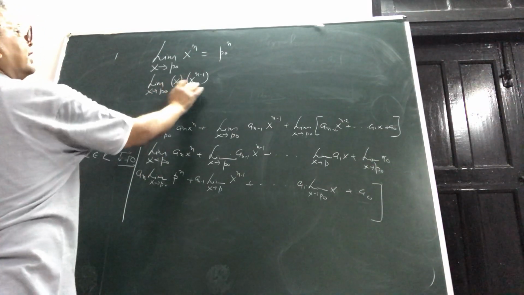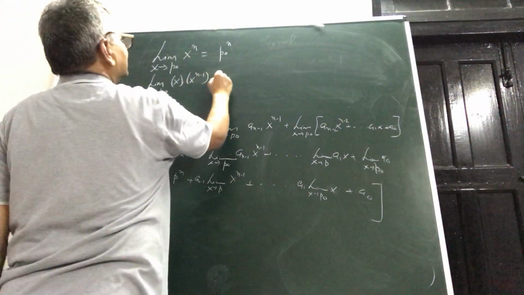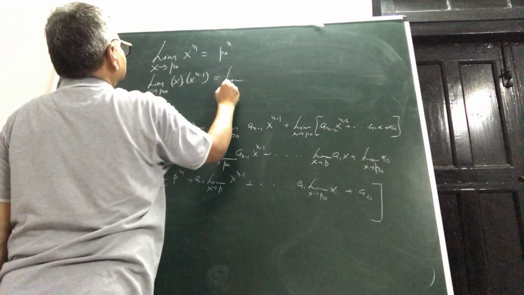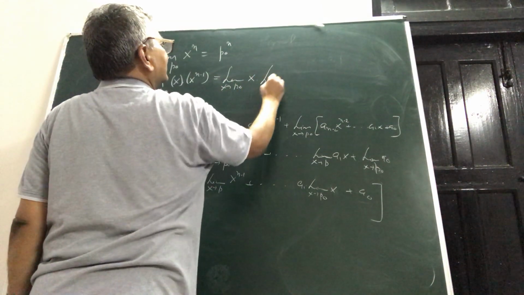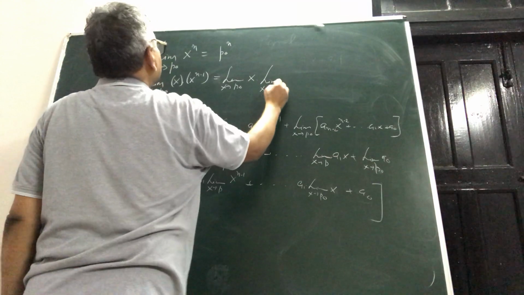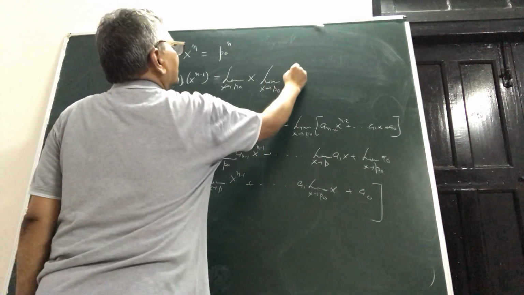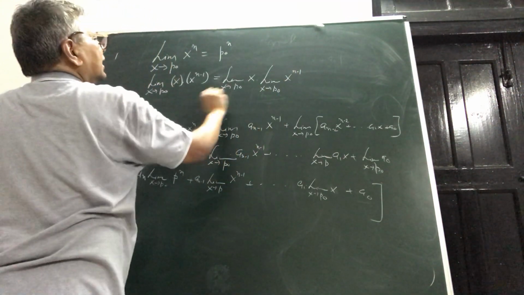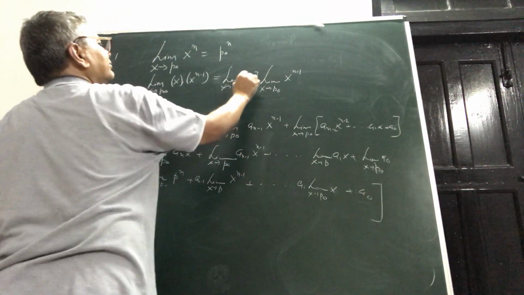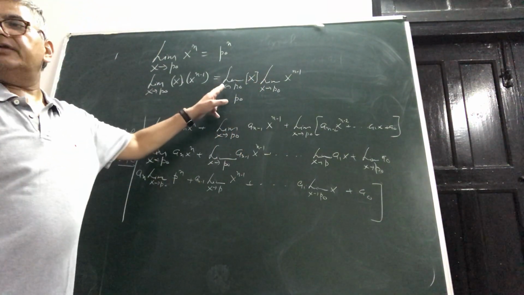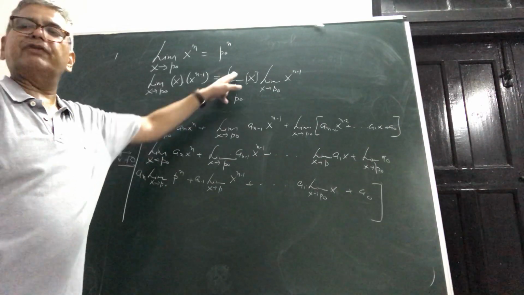And the limit of the product of two functions is equal to the product of their limits. So this is equal to limit x tending to p naught of x into limit x tending to p naught of x raised to power n minus 1. This is p naught, because we have already shown that the limiting value of the identity function is equal to its functional value.